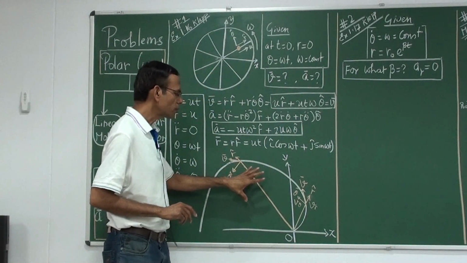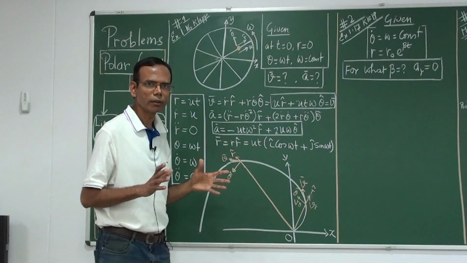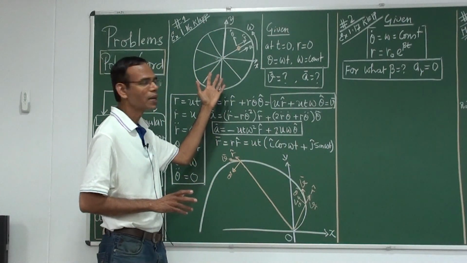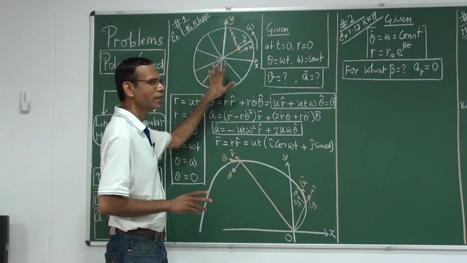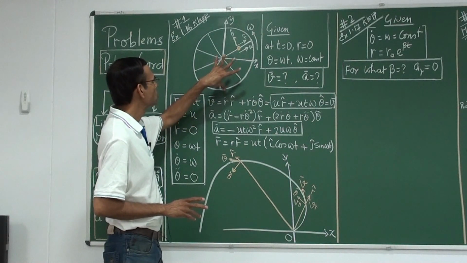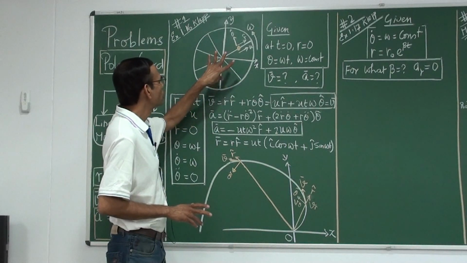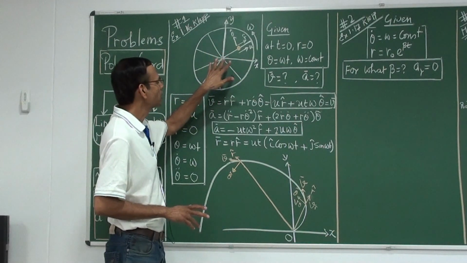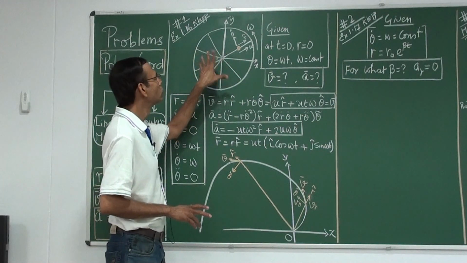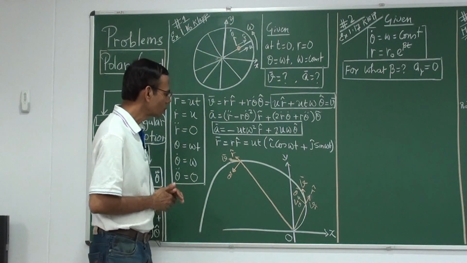So this particular polar coordinate system is sometimes compared with a rotating frame. Suppose I fix a rotating frame here, rotating with this wheel, then the axes x prime y prime rotate with the wheel.